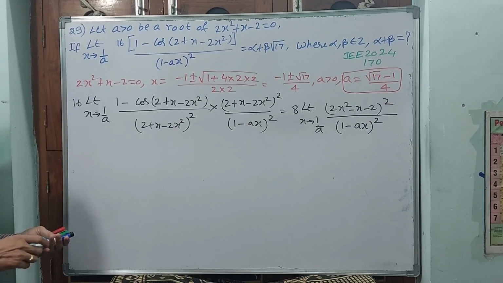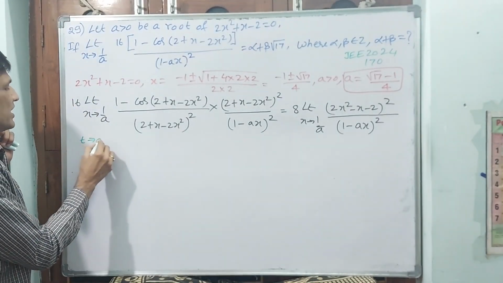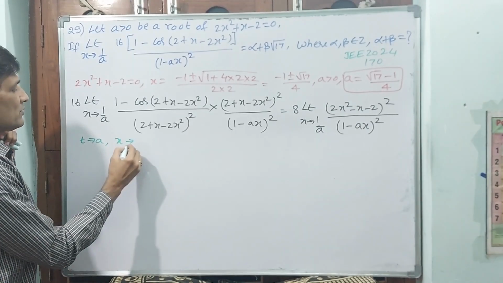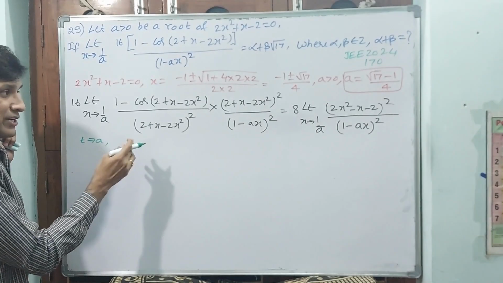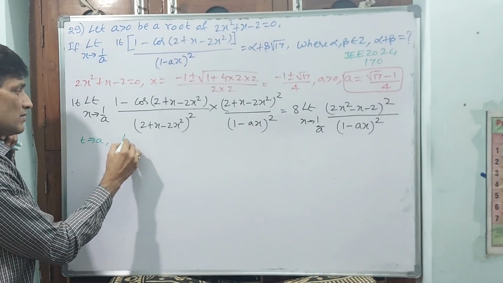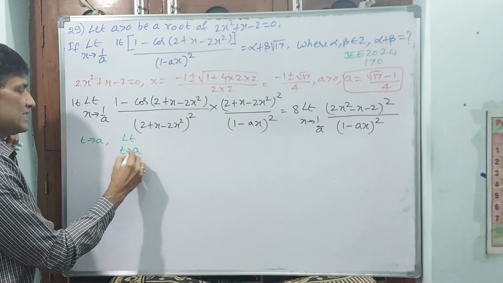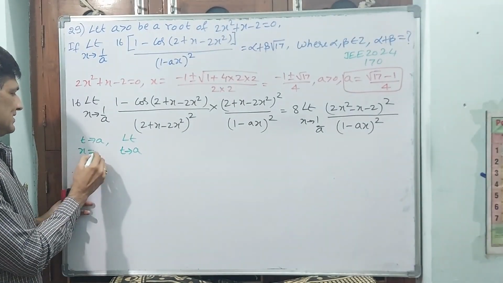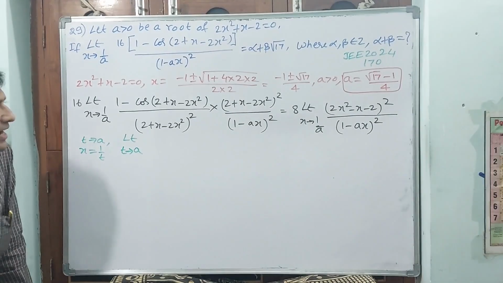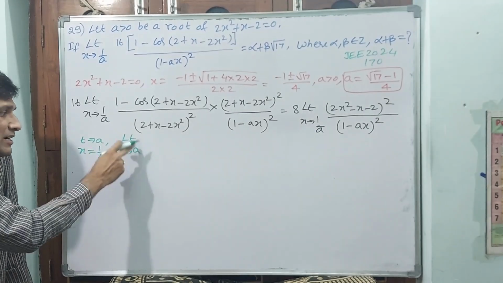Now see, rather than x tends to 1/a, I want to take t tends to a, with x equal to 1/t. When t is equal to a, x is equal to 1/t. Then automatically limit t tends to a.